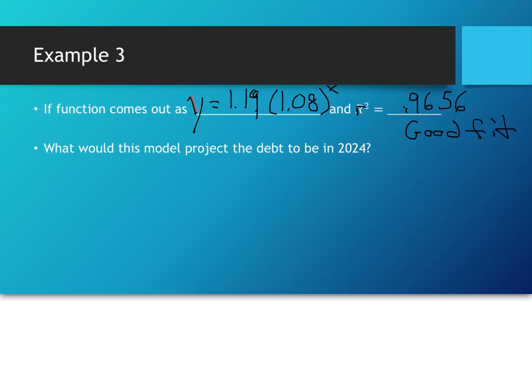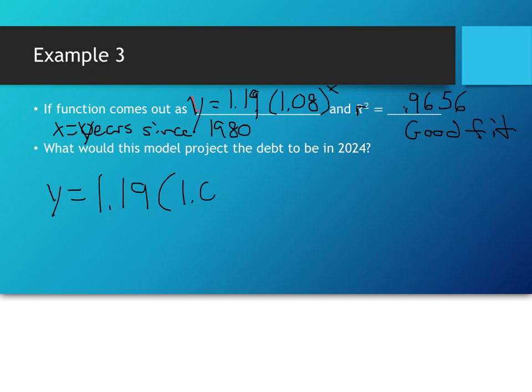So if I said, what would this model predict debt to be in 2024? Well, if x equals years since 1980, and I wanted to predict the debt in 2024, that would be 44 years since 1980.